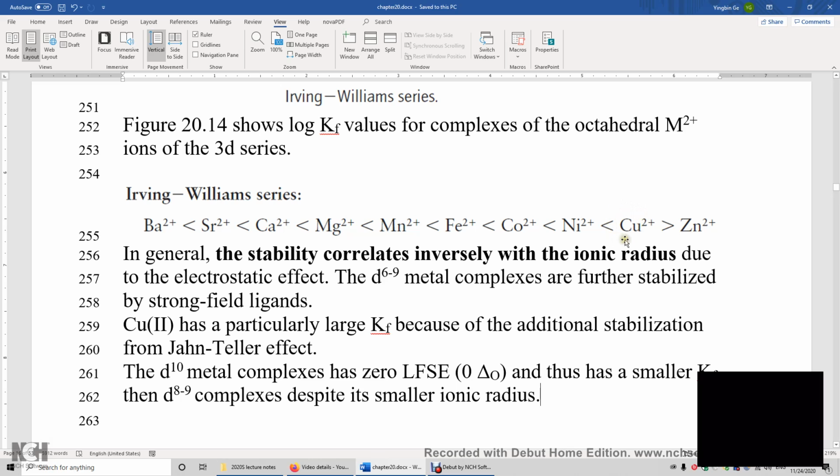So because of this so-called Jahn-Teller effect, this copper 2+ transition metal complex has a larger formation constant than nickel 2+, especially when you have strong field ligands bonded to these transition metal centers.